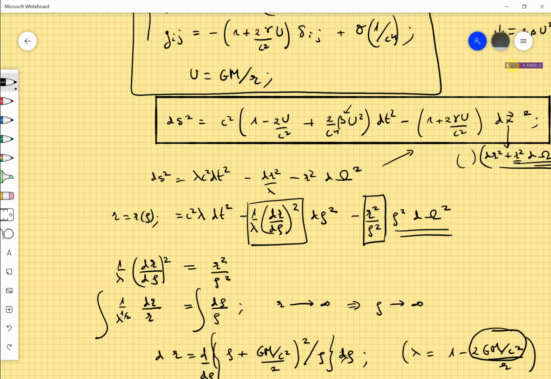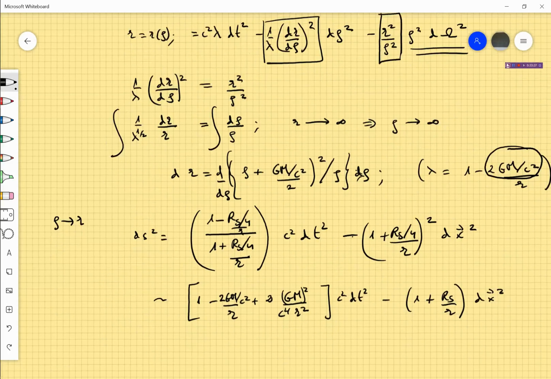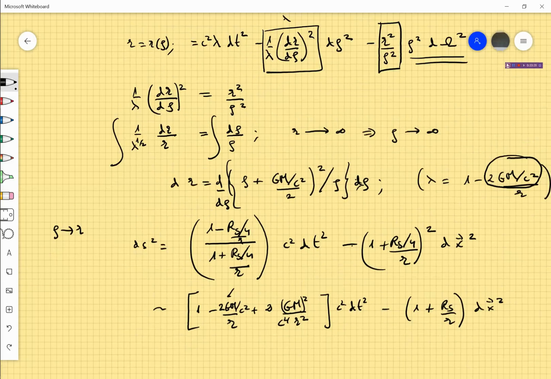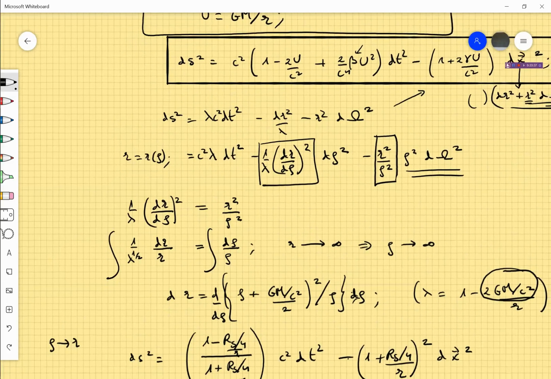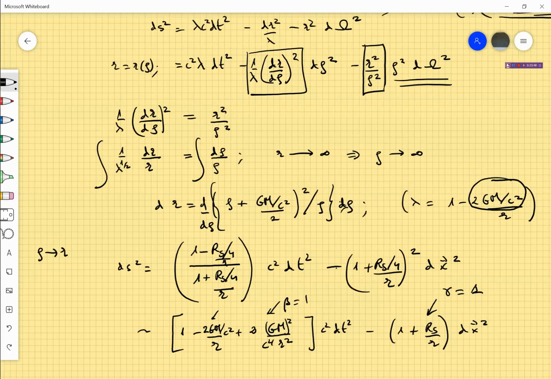Remember that u is just GM over r. And what I get here is that I get the right value, and here I get that beta is equal to 1, and here that gamma is equal to 1. Okay.